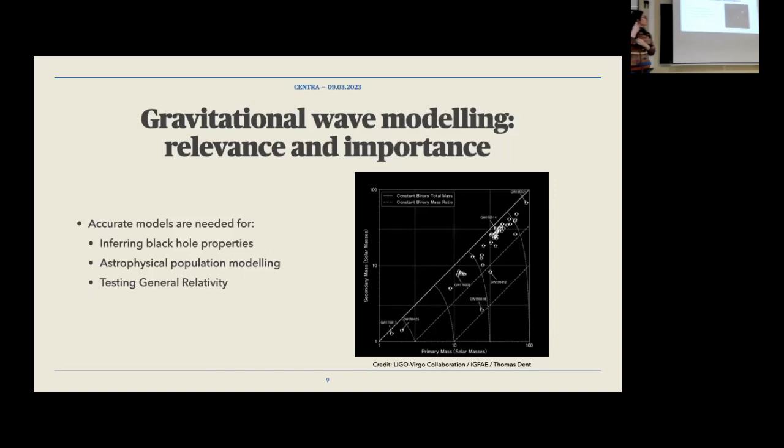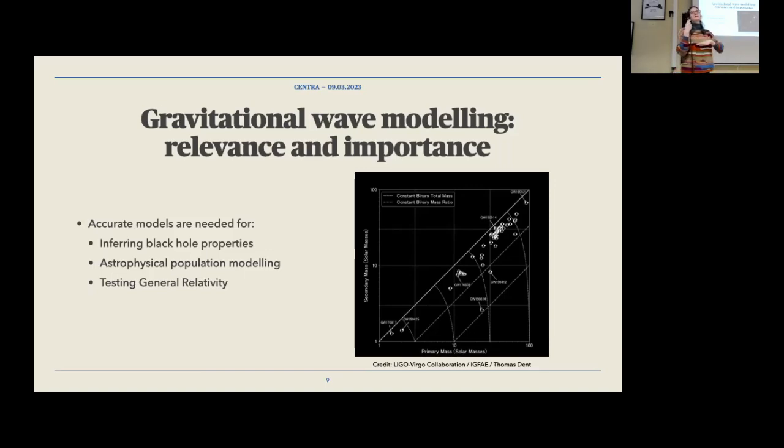And then finally, on a separate note, we need our models to be accurate, not only so that we confidently infer the population of the black holes, but also because we do use these models to test for deviations from general relativity. And so if it turns out that our models don't capture the right physics or there are any systematics in there, then we could incorrectly see deviations from general relativity that we don't understand the origin of.